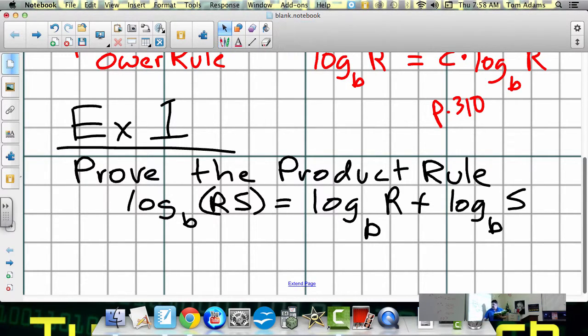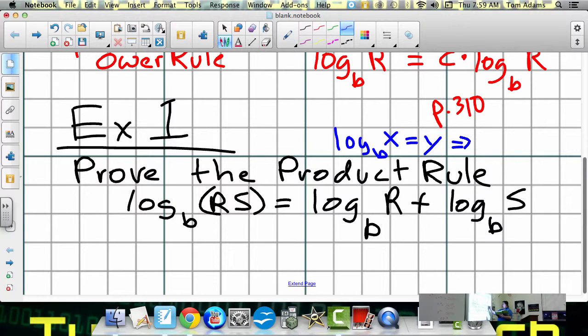Now, one thing I want to remind you guys is whenever we have the log base B, remember this: when I have log base B of X equal to Y, that relationship can be represented as an exponential.